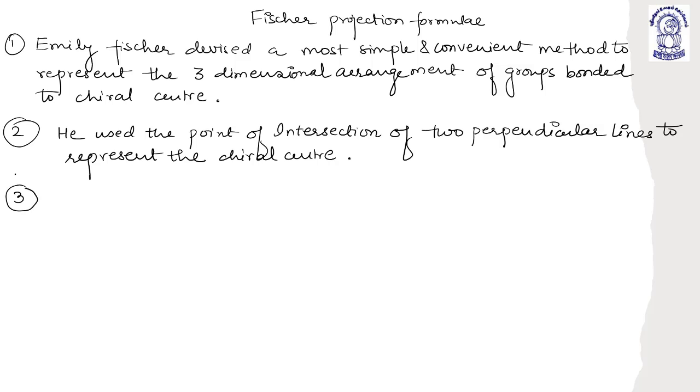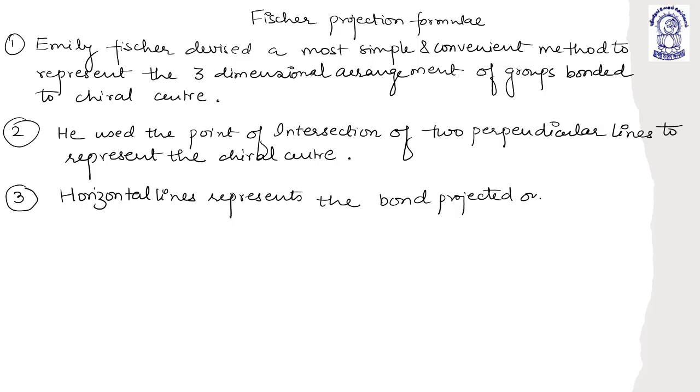Then third, horizontal lines represent the bonds projected out of the plane of the paper towards viewer.